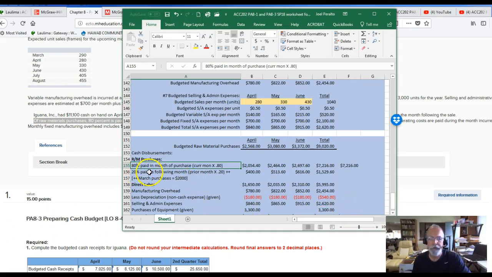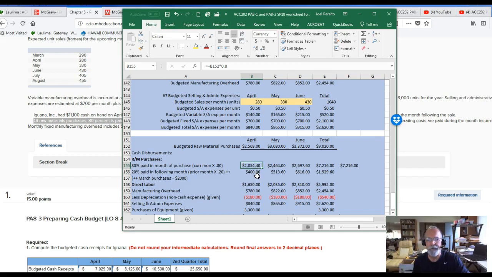So for cash payments of our raw material purchases, 80% of the current month's purchases is paid for this month, and 20% is also being paid from the previous month. In this case I have $400, and that's from March purchases of $2,000, and that information was given in the problem.